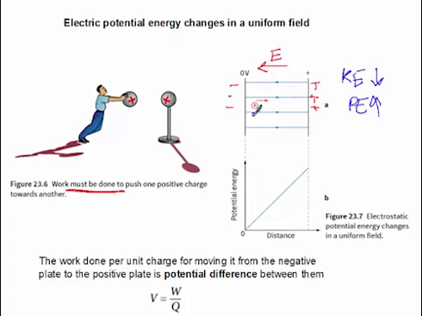So as the distance from A, for example, to point B increases, the potential energy increases. So the distance is increasing and the potential energy will increase.